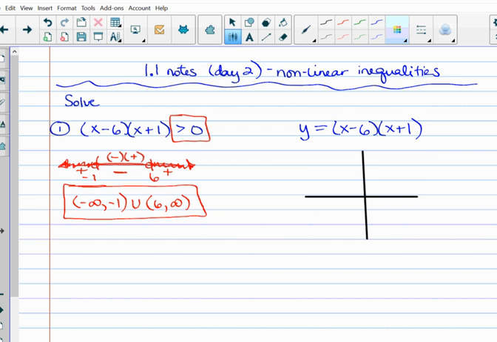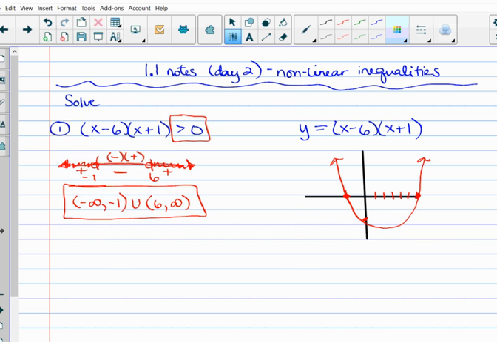We'd have x-intercepts at -1 and 6, right? What would the ends of the graph be doing? Going up. Your y-intercept is somewhere down here at -6. So wouldn't the graph look something like that?